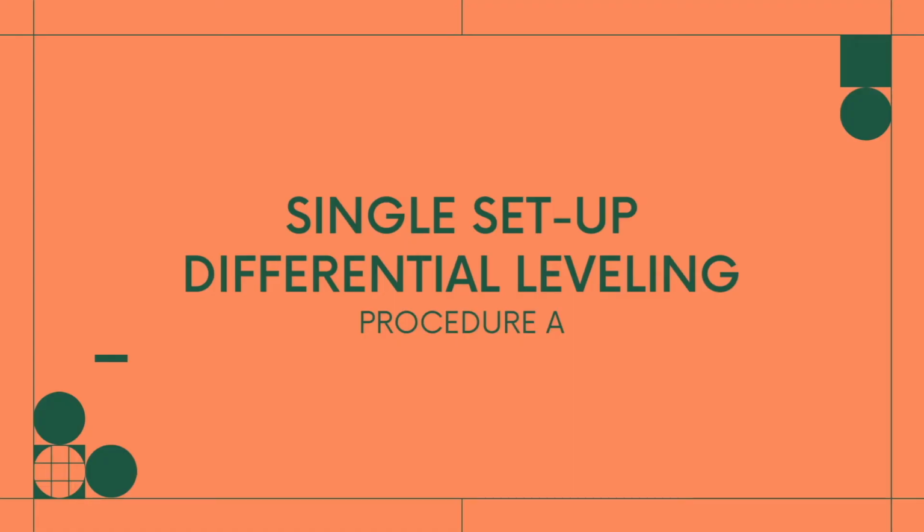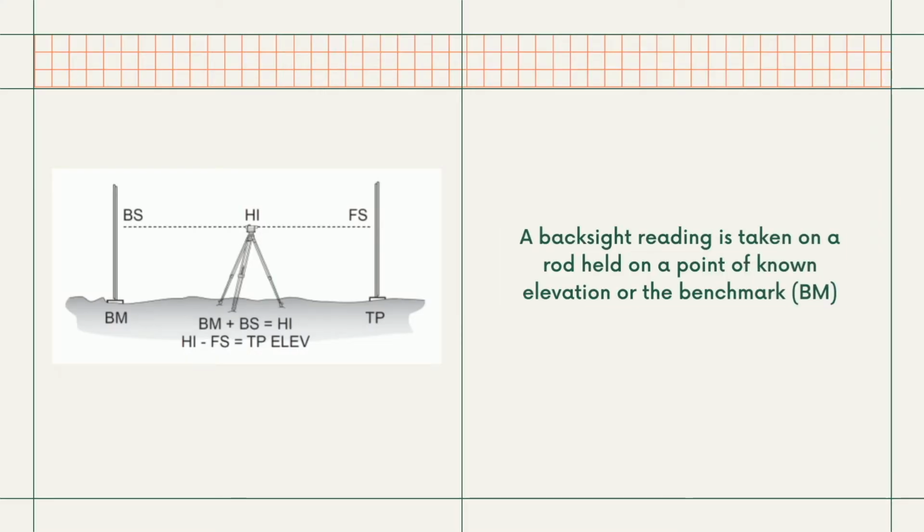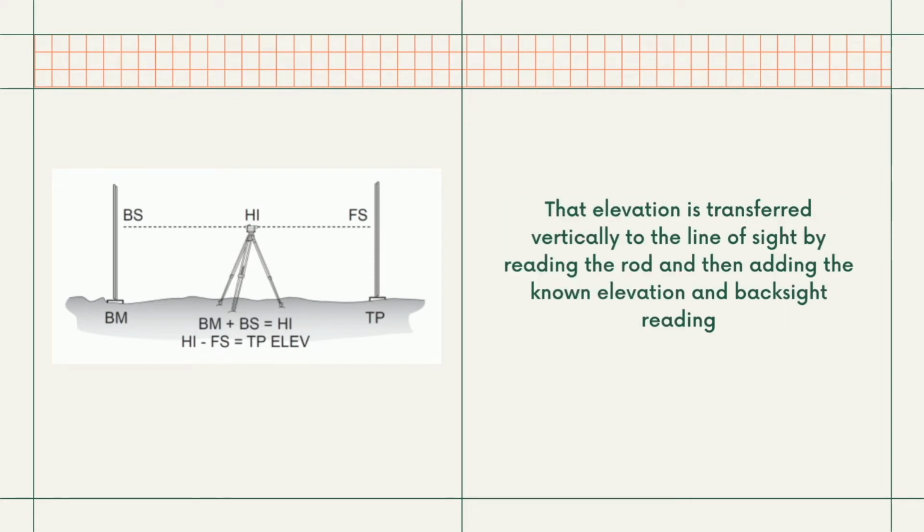For part A, we have single setup differential leveling. A single level setup is shown in this figure. A backsight reading is taken on a rod held on a point of known elevation or the benchmark. That elevation is transferred vertically to the line of sight by reading the rod and then adding the known elevation and the backsight reading.